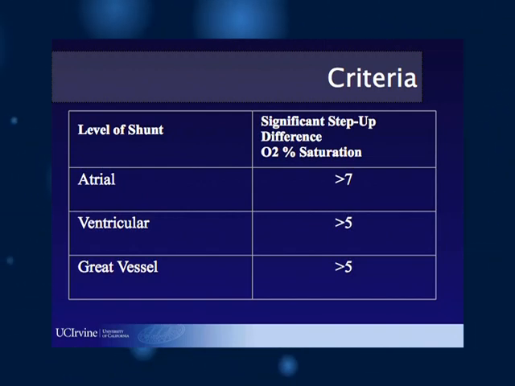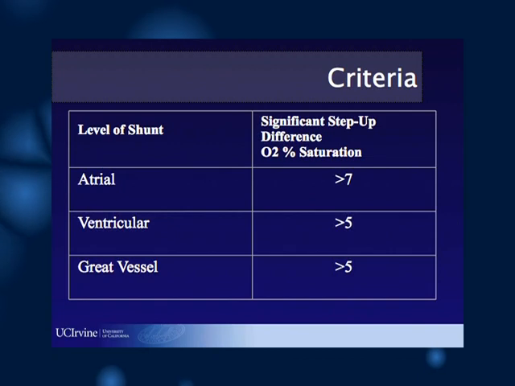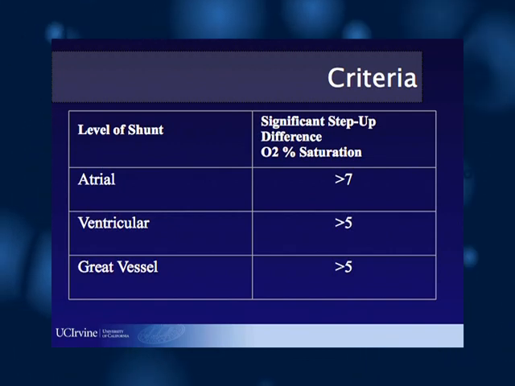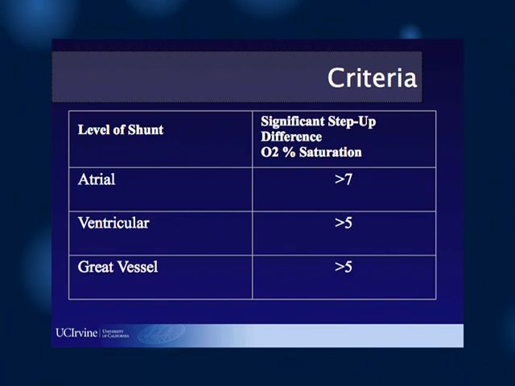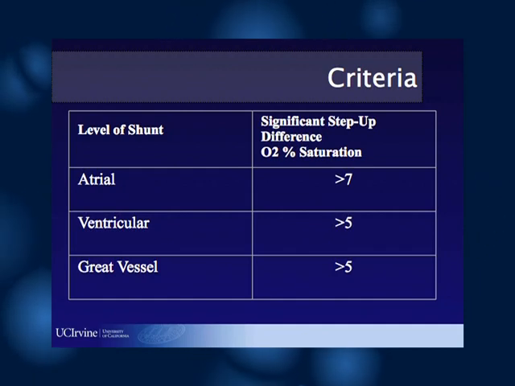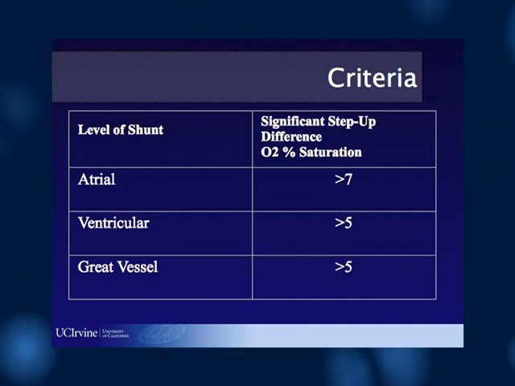It's important to remember that for shunts occurring at the atrial level, the proximal chambers sampled are the vena cava. For shunts at the ventricular level, the proximal chamber sampled is the atria. And for the great vessels, the proximal chambers sampled are the ventricles and ventricular outflows.